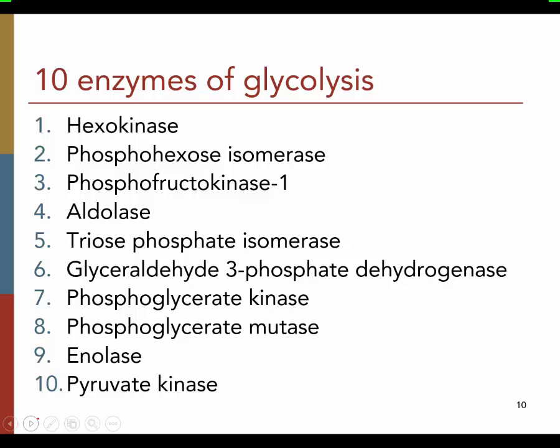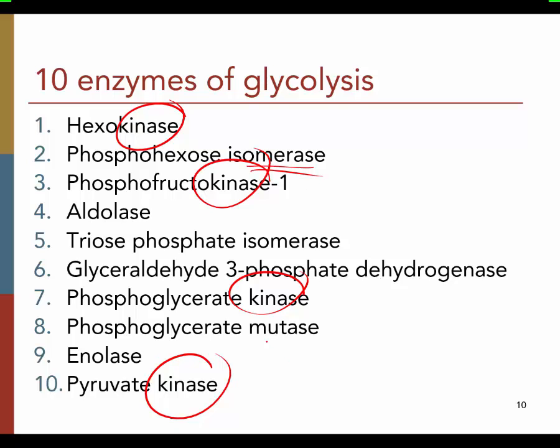The nice thing is a lot of these enzymes are repeats of one another. So kinase, kinase, kinase, kinase. There are 4 kinase enzymes. We're going to see isomerase, mutase, isomerase, right? A dehydrogenase, so what class of enzyme is that?